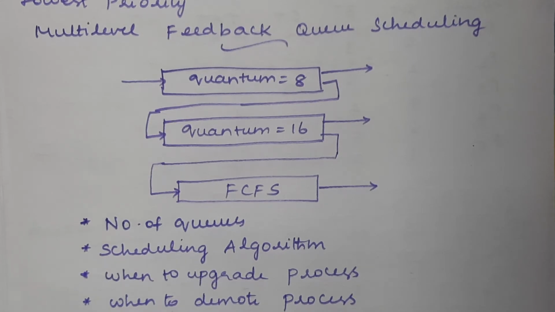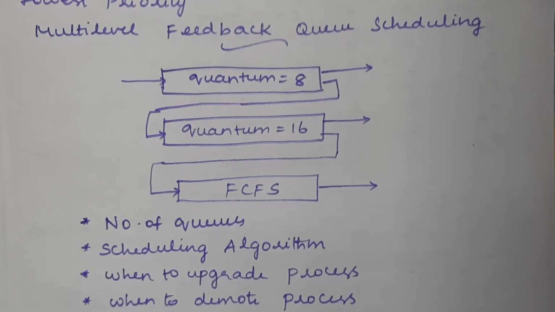We just keep on executing only the higher priority processes, so the low priority process cannot be scheduled before the execution of high priority processes. So we get starvation again, and we overcome that using the next kind of scheduling, that is multi-level feedback queue scheduling.